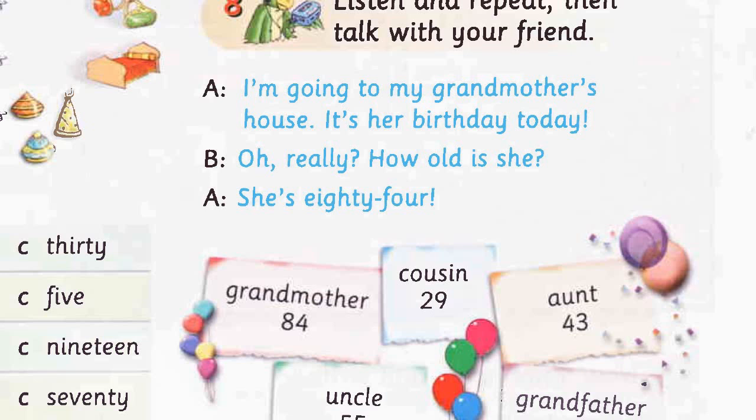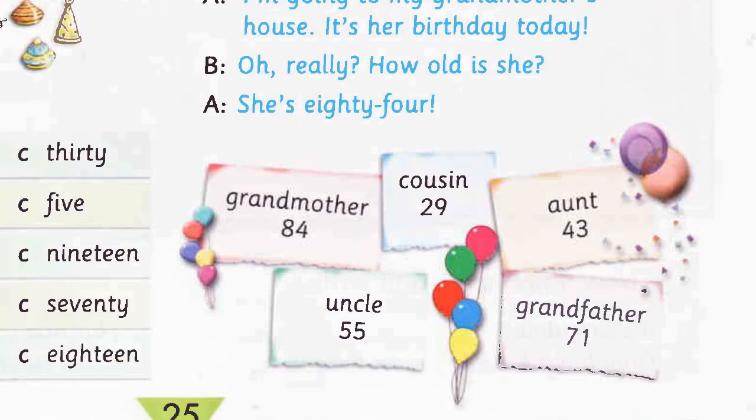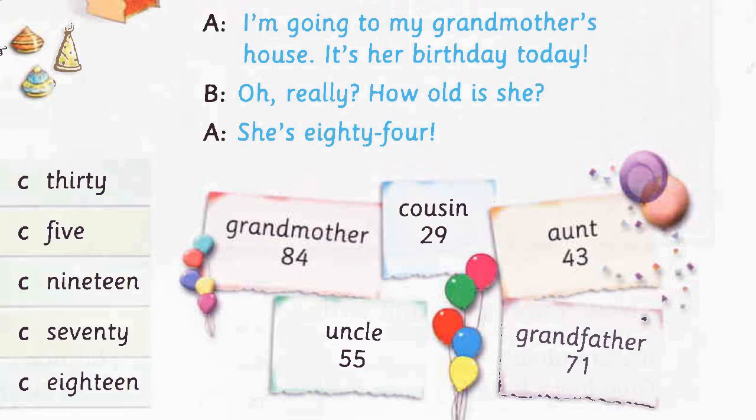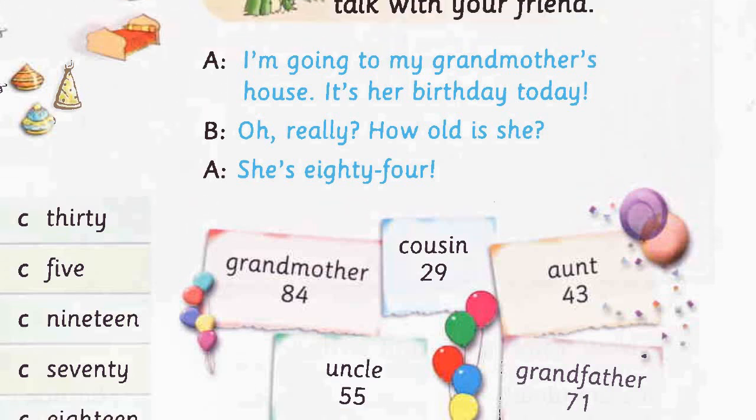She's 84. Now look at this part. Cousin, 29. Can you make up sentences? You have, let's say, 20 seconds for cousin. And I'm going to let you look at the example above. So the time is starting right now.